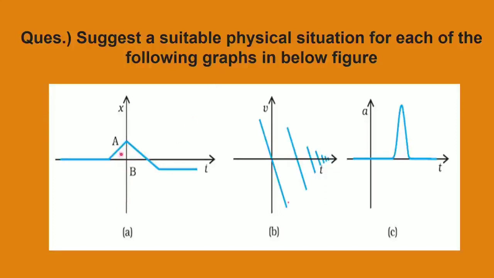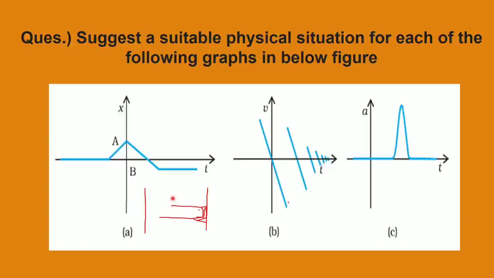I have read the graph for you: the body is at rest, then it is moving in uniform motion, but now it is reversing, position is decreasing with time, and then it is coming to rest, but not at the 0 position, not at the origin, but at a negative position.